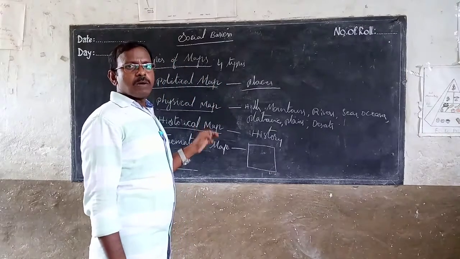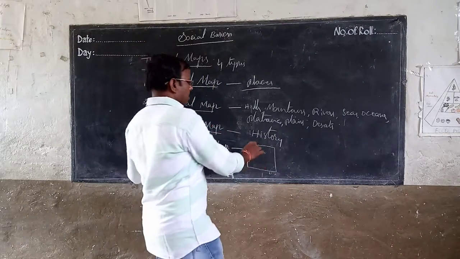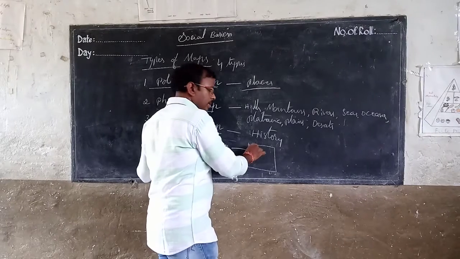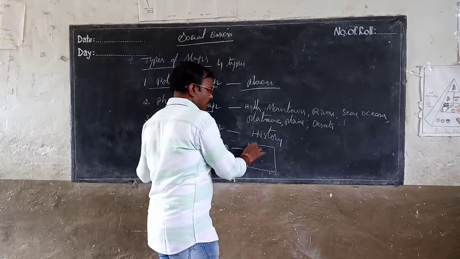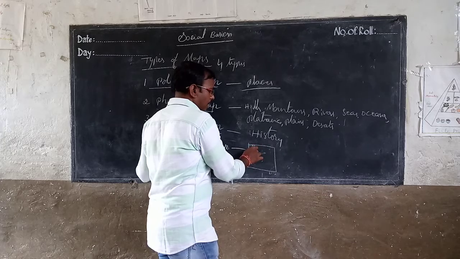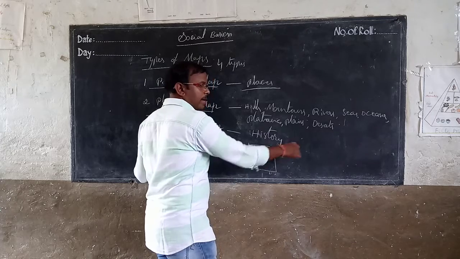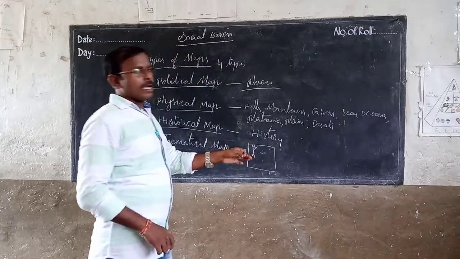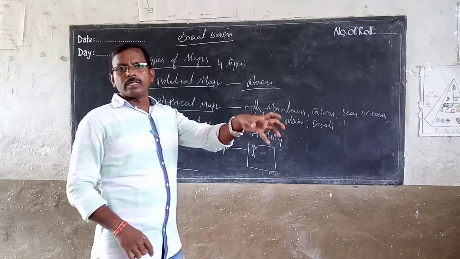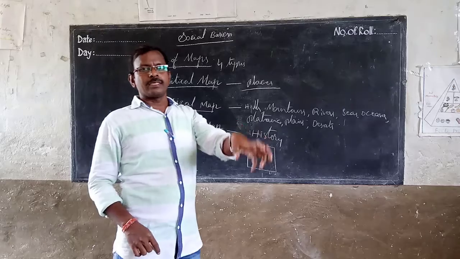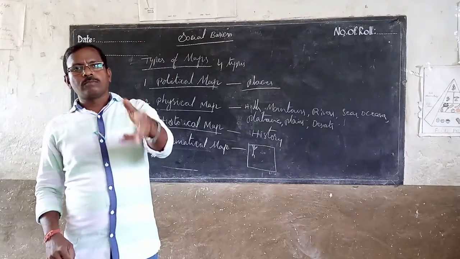One map is about crops, which means paddy. Here paddy, in this state paddy, in this state paddy. They will give picture symbols of paddy and show paddy in this area. In another map, in this area minerals, this state has gold, this state has copper, in this place silver is there.